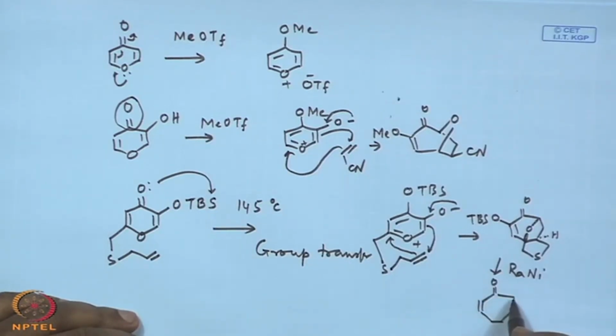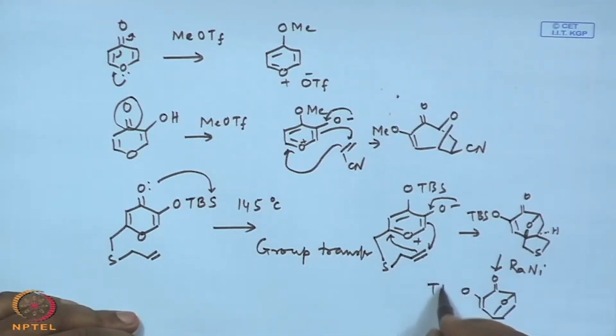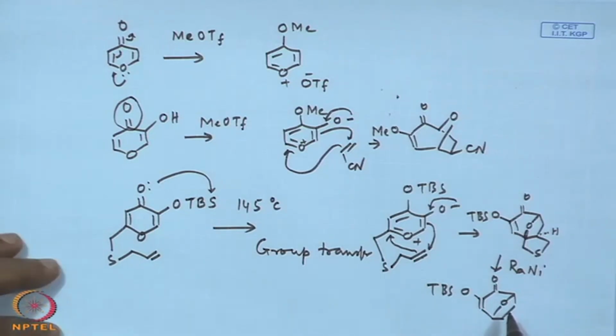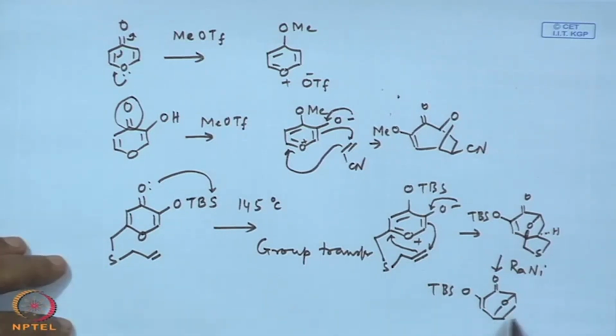You have the double bond here or TBS, and what else. With Raney nickel, the double bond is not reduced, the carbonyl is not reduced, the sulfur would be knocked out, and so the only thing is that now you are converting this into the methylation.